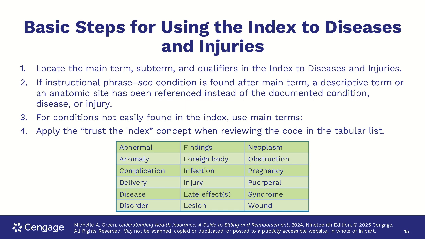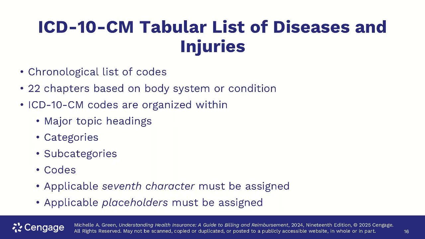Rule of thumb is we always are going to trust the index in terms of the options that it provides. But when you go over to that tabular list, you don't second guess yourself, but you definitely want to confirm that the code you are going to select is indeed what your patient has.